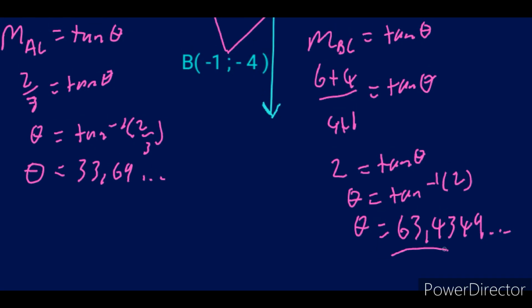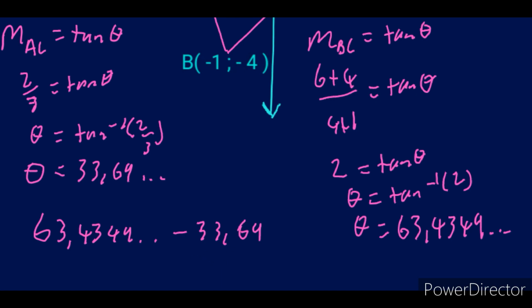So we're going to say this minus this. We simply have to subtract the smaller one from the bigger one. So whenever the horizontal line does not separate the angles, all you have to do is subtract the smaller one from the bigger one. But whenever it cuts the angle, it means you have to make sure that both of them are acute, and you have to add them this time instead of subtracting.